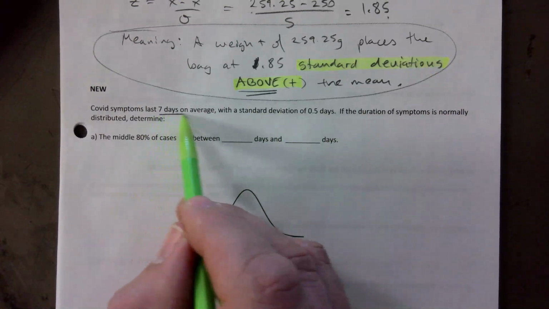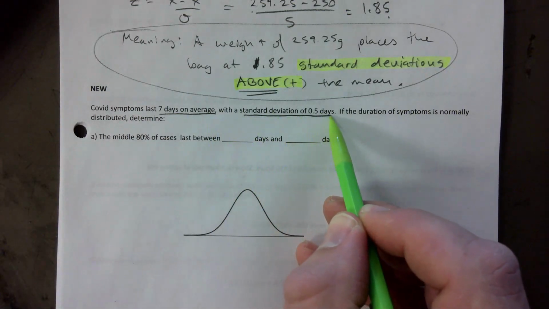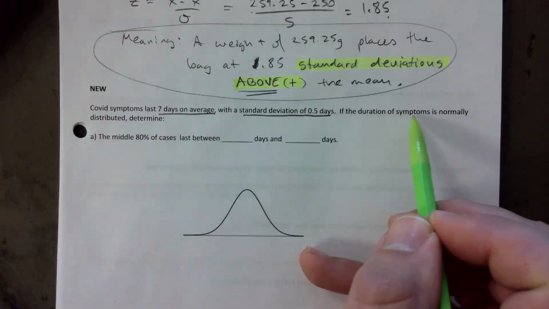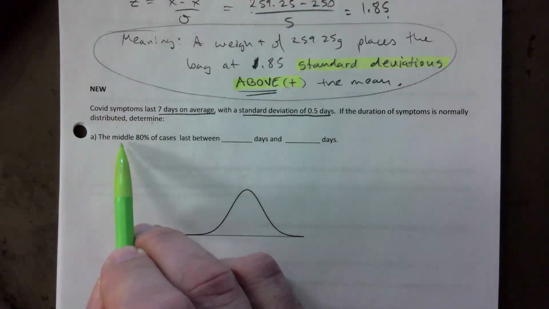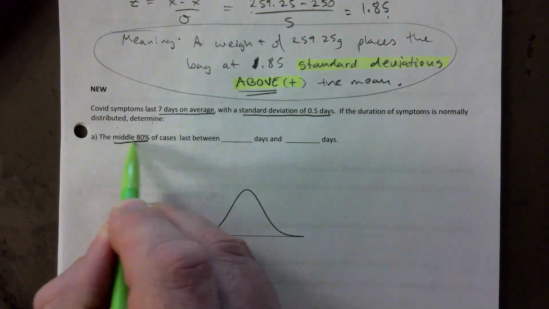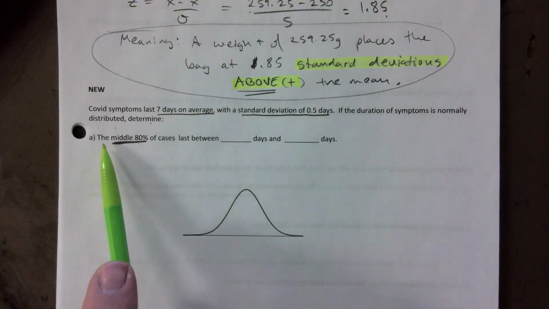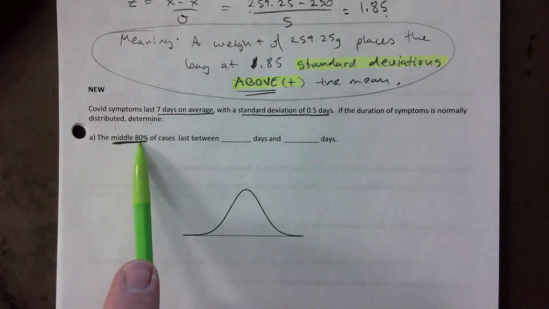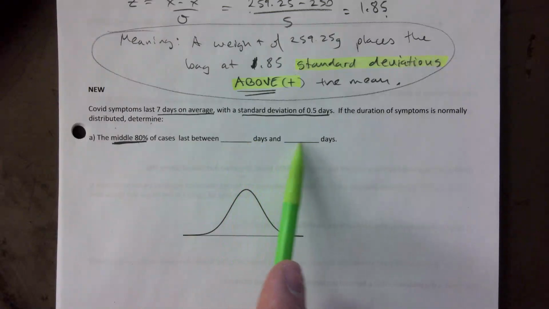So 7 days is the average. Standard deviation is 0.5. If the duration of the symptoms is normally distributed, determine the middle 80% of the cases, right? So it says, basically fill in this statement, the middle 80% of cases last between X and X number of days.